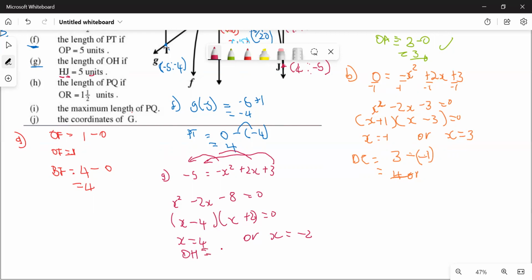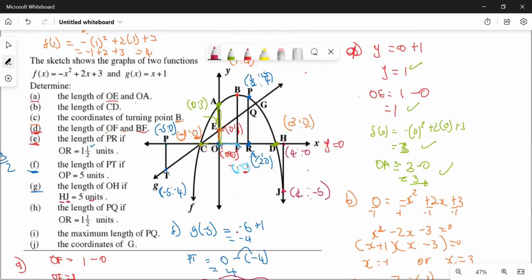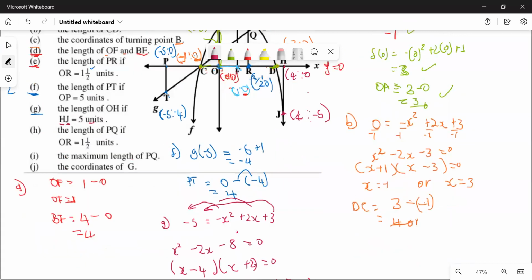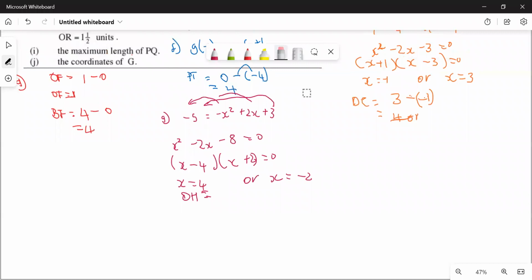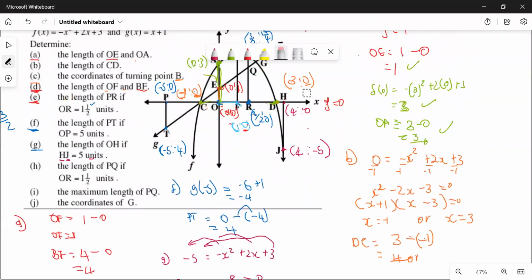0. So we're going to have 0 minus open bracket, minus 5. Then what are we looking for? We are going to say 4 minus 0, because we are looking for OH. We are not looking for JH.